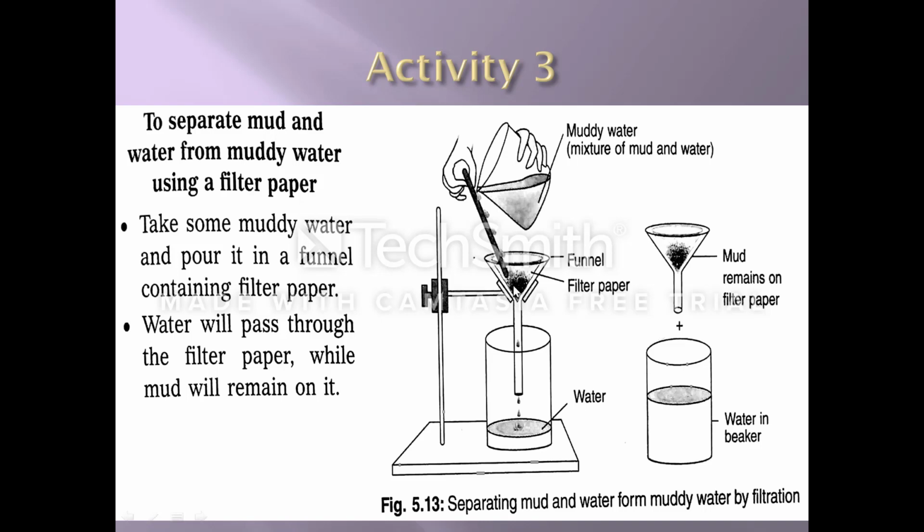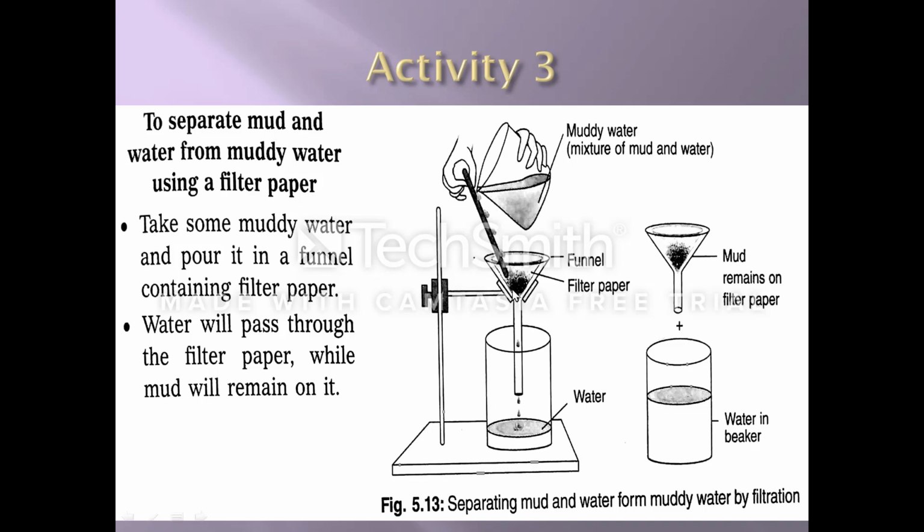This decanted water will pass through the funnel which has a filter paper on top of it. As we have studied in the experiment, the filter paper has millions of tiny pores. It will allow only the liquid to pass through it. Solid particles cannot pass through these tiny pores.